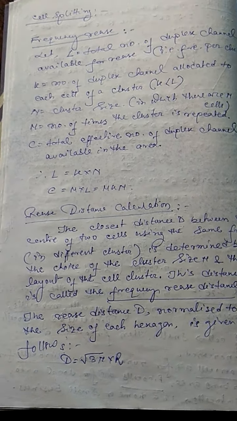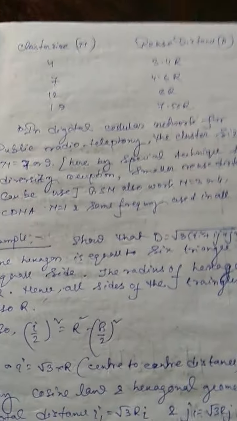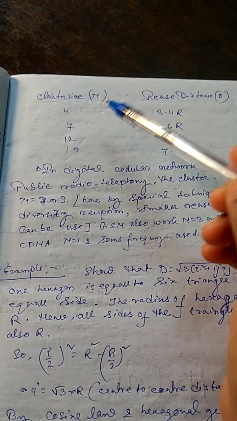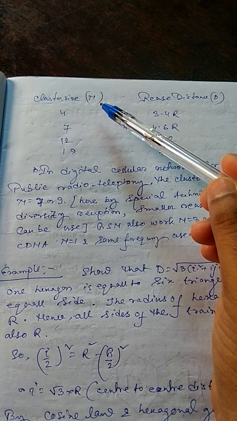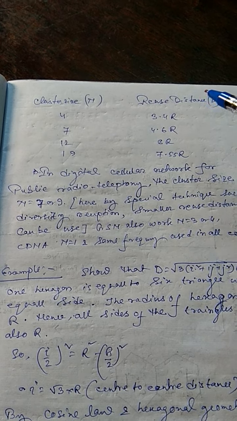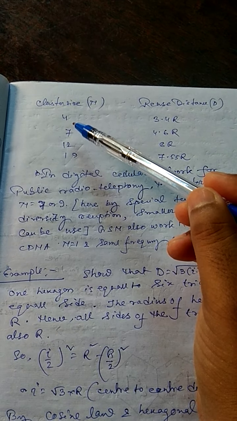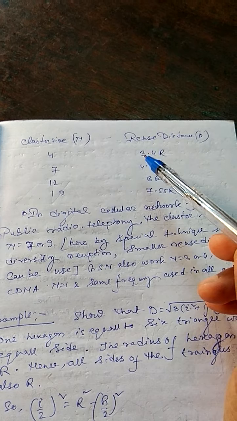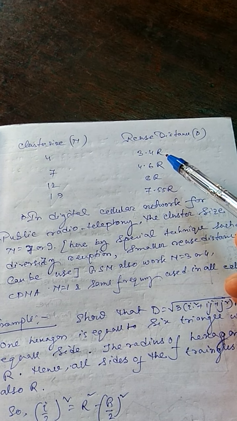Now there are some calculations regarding the distance. If my cluster size is n, then what is my frequency reuse distance? That is very important. If my cluster size is 4, then as per that formula the frequency reuse distance is 3.4 into r.